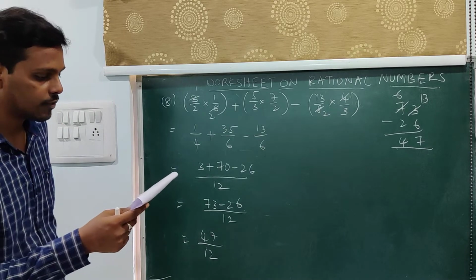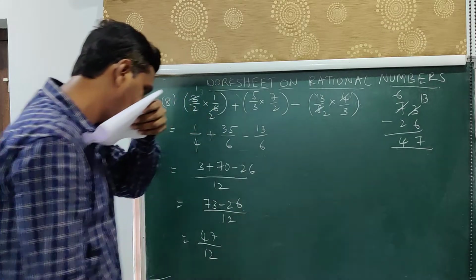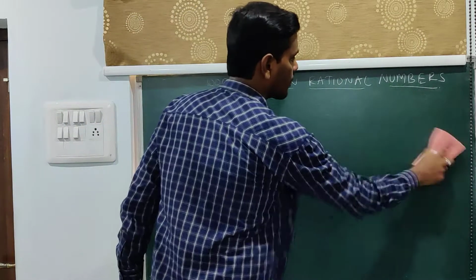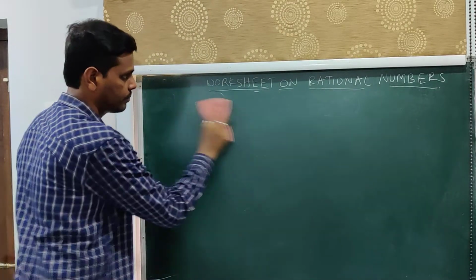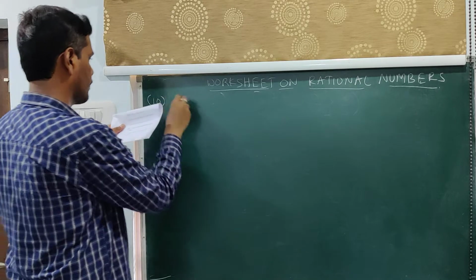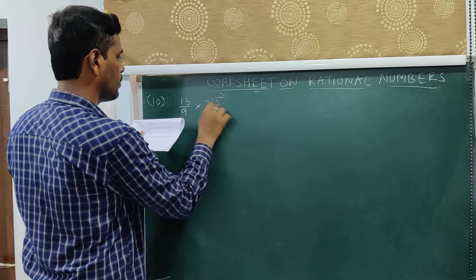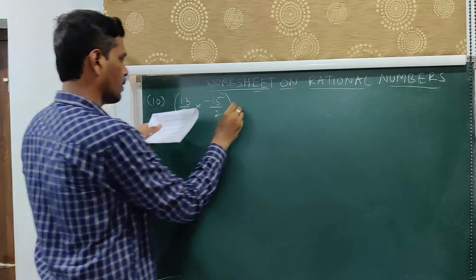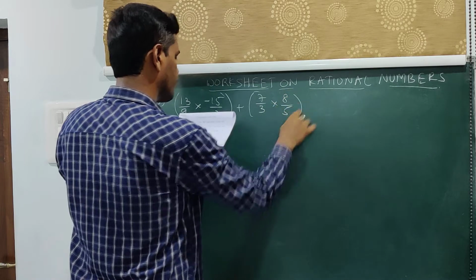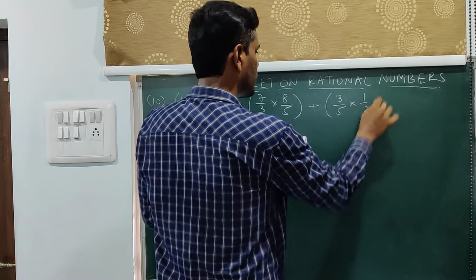Now let's move on to the 10th one. By 9 into minus 15 by 2 plus 7 by 3 into 8 by 5 plus 3 by 5 into 1 by 2.